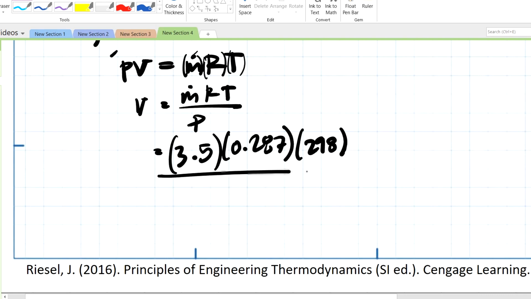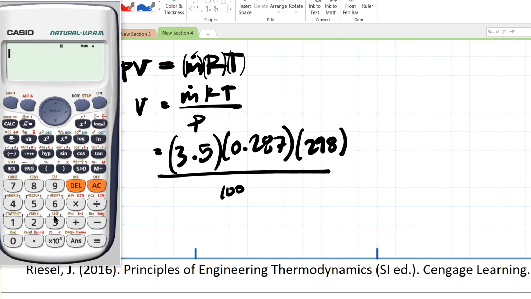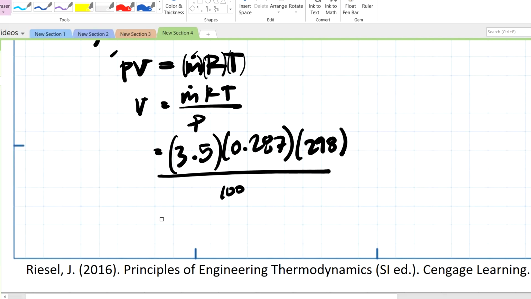All over the pressure of 100 kPa. So 3.5 times 0.287 times 298 divided by 100. So this is 2.99 cubic meters. So the answer here is, let's just say 3 cubic meters per second. So that's the volumetric flow rate.